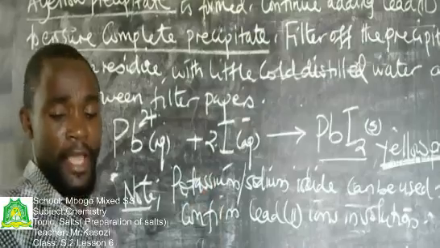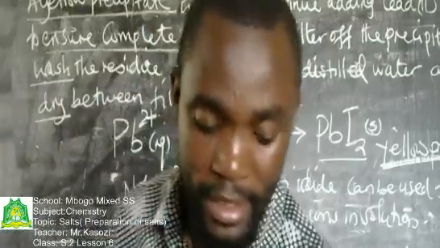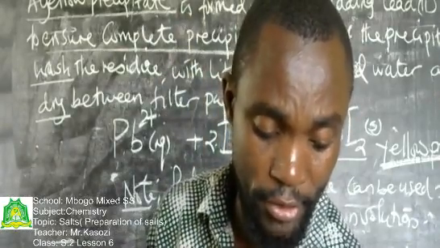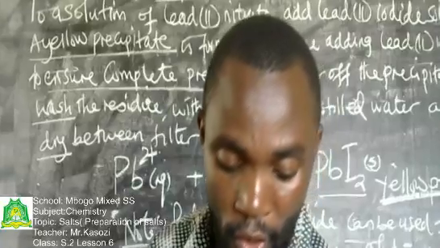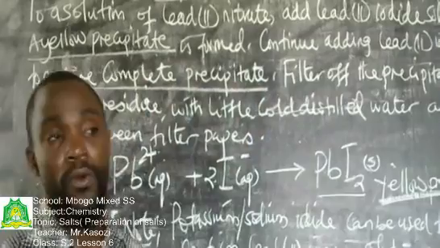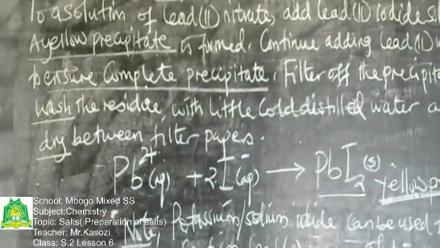And lead 2 iodide, like lead 2 chloride, dissolves in hot water and recrystallizes out on cooling.